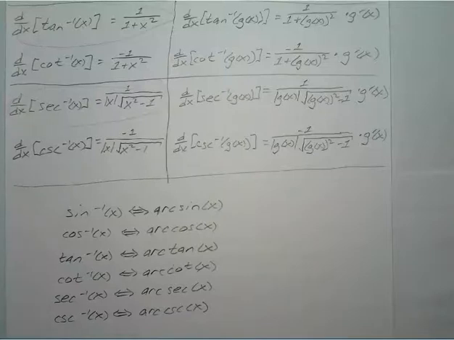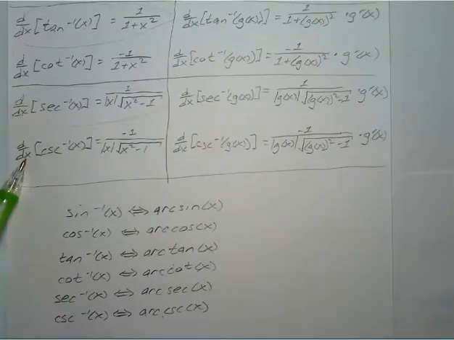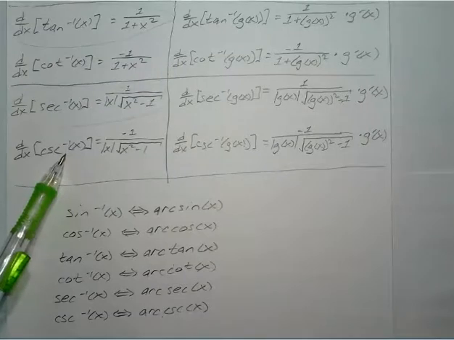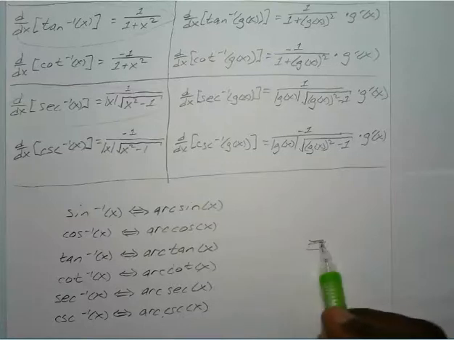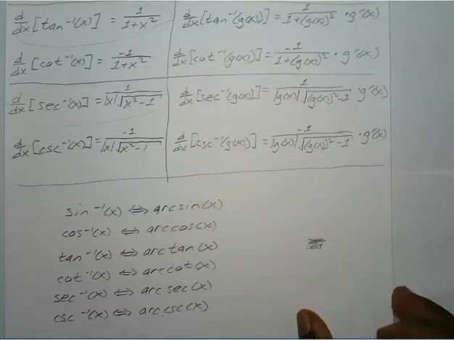Okay, each one of those means the exact same thing. This is the same as that. This is the same as that. So you may see the derivative of arccosecant. It's the same formula. Okay, just different terminology. All right, so if you are still writing, feel free to press pause, but we're going to go ahead and jump into our examples.